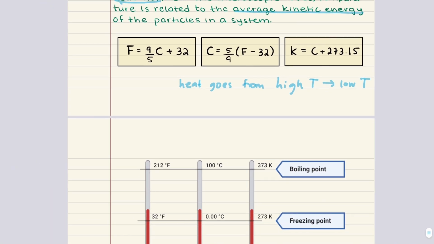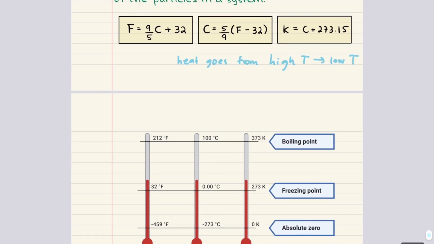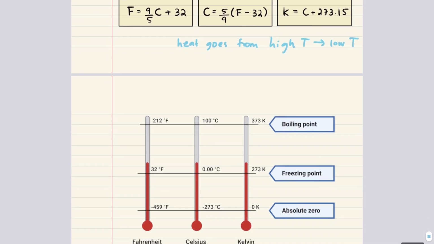Now, temperature can be measured in different scales. We primarily see Fahrenheit, Celsius, and Kelvin. In the Fahrenheit scale, which is very common in the United States, water freezes at 32 degrees and boils at 212 degrees. In the Celsius scale, which is used in most of the world and in scientific work, water freezes at 0 and boils at 100.